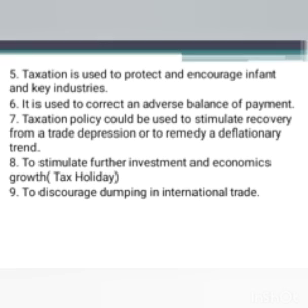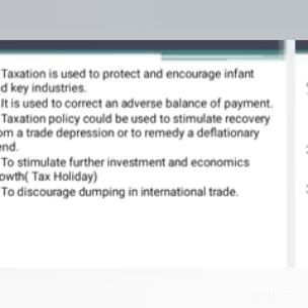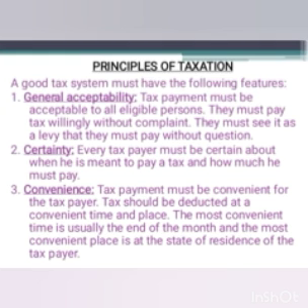So if government imposes high tax on competitive goods that are made in your country and are still imported into your country, then this will discourage dumping. So that will quickly take us to the principles of taxation.